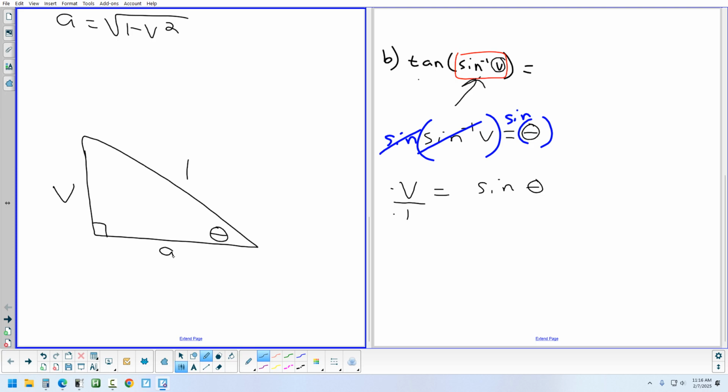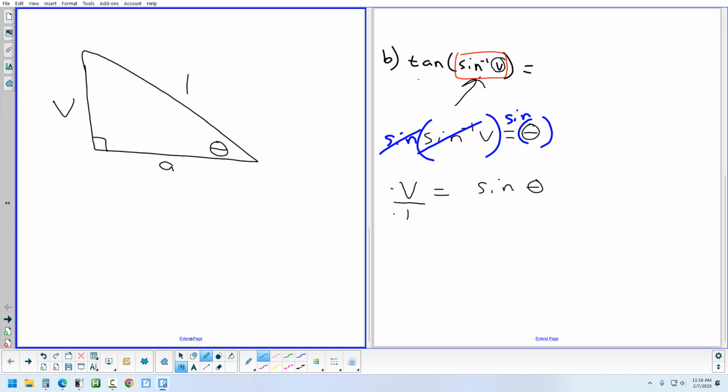This is going to be the exact same Pythagorean theorem we just did. A squared plus v squared equals 1 squared. Bring the v squared to the other side. And what was the last step? Square root. Yep, square root it. That's A.